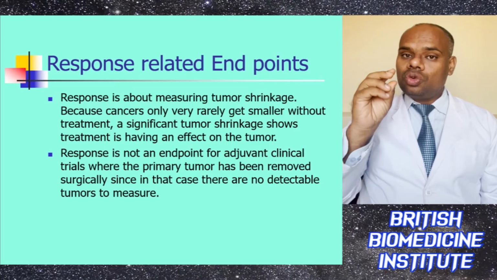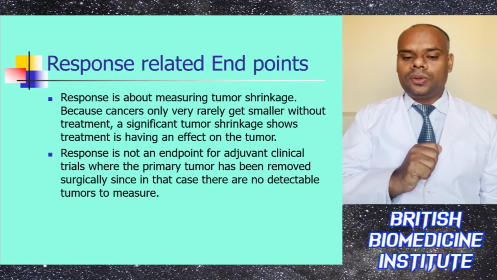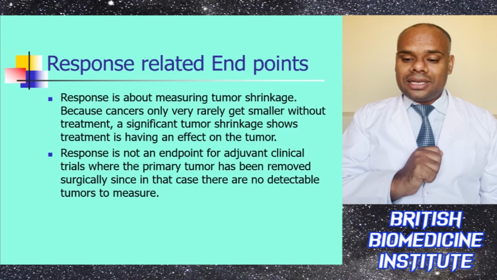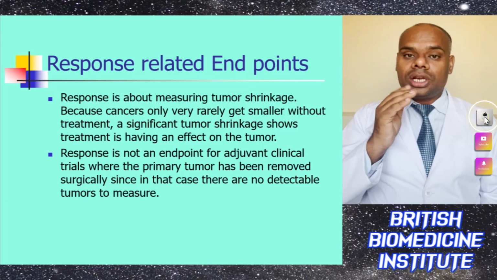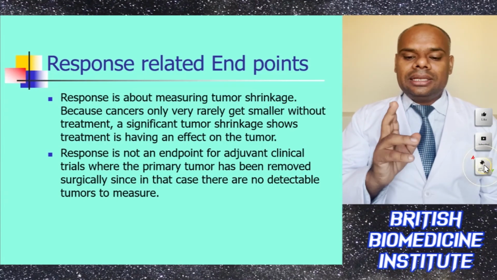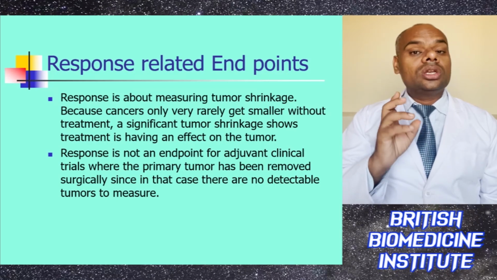A significant tumor shrinkage means the treatment is having an effect on the tumor. Response is not an endpoint for adjuvant clinical trials when the primary tumor has been removed surgically, since in that case there is no detectable tumor to measure.